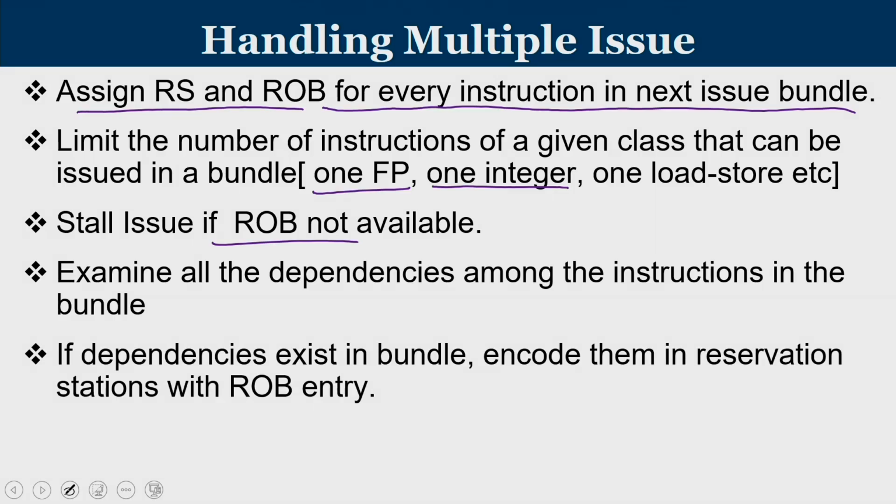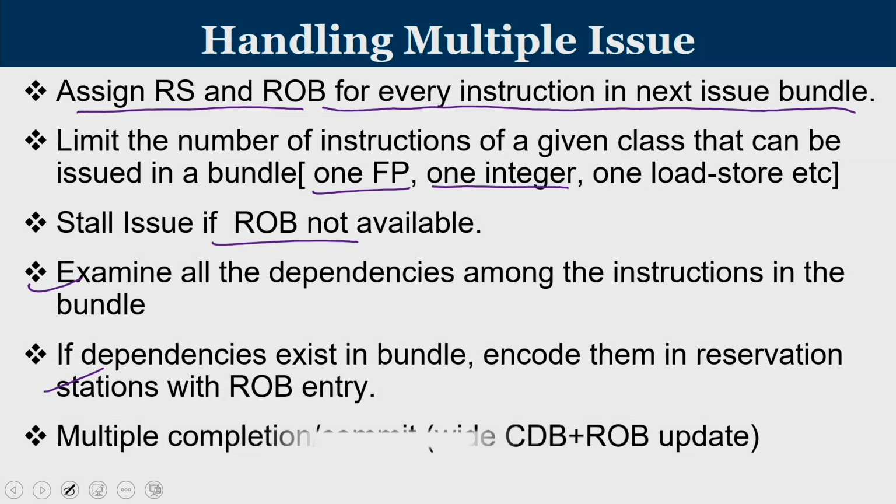Also we have to examine all dependencies among instructions in the bundle, and if dependencies exist in a bundle, you have to encode them in the reservation station with the appropriate reorder buffer entry. And once you go for the superscalar technique, you know that multiple instructions are going to complete at the same time. So multiple complete or commit, that means multiple functional units can produce results at exactly the same time.